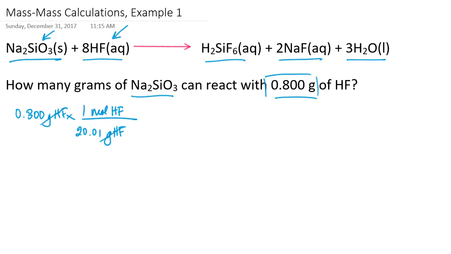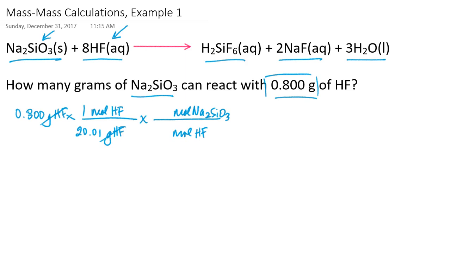Now that I'm in moles of hydrofluoric acid, now I can go ahead and use my mole ratio. I want to convert between moles of hydrofluoric acid and moles of the sodium silicate.